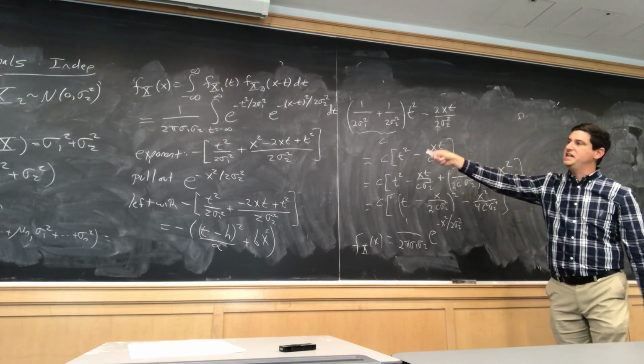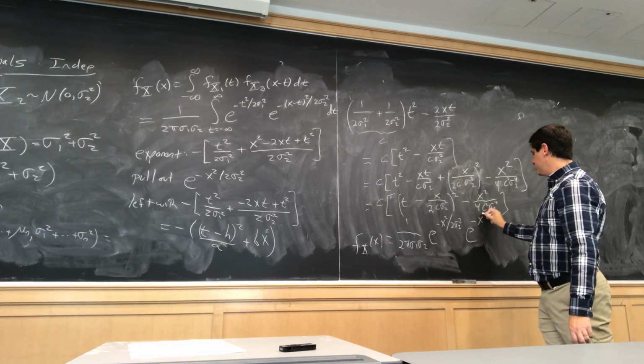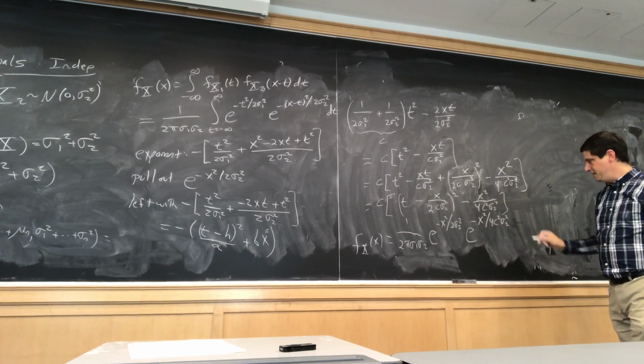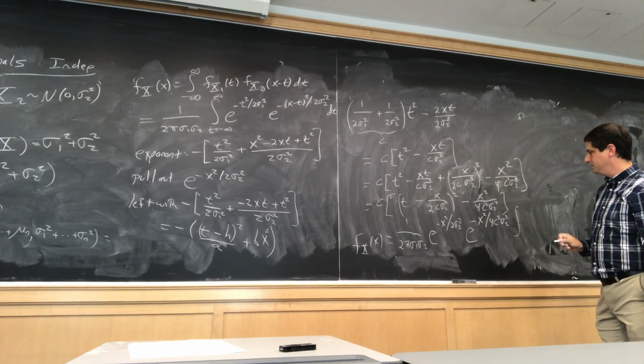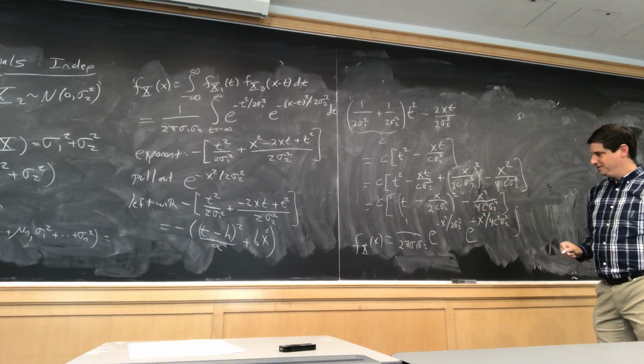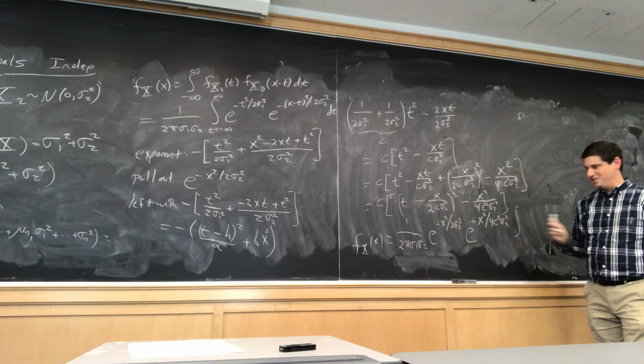Remember how we're taking negative of the exponent, so this comes out with a negative sign. So the e to the negative x squared over 4 c squared sigma 2 squared. And then we have, should there be another negative? Oh, sorry. This should be a positive now, because it was a negative here, a negative, and negative. I told you I'd make algebra mistakes. So this becomes a positive.